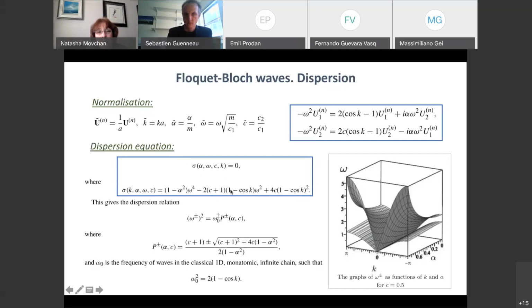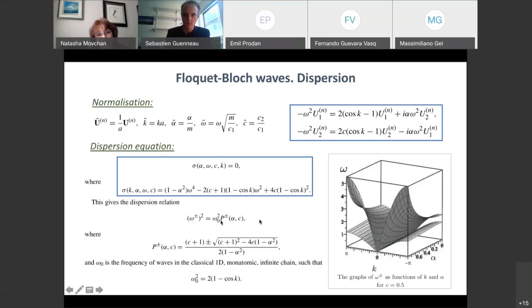So it's again a quadratic polynomial for omega squared, and we have contribution of the gyroscopic constant alpha here, as well as the pretension constant C. Now, when we evaluate the roots of this equation, we can write omega squared plus or minus in this particular form, where this quantity omega squared is given here, and it corresponds to the frequency of waves in a classical 1D monatomic infinite chain.